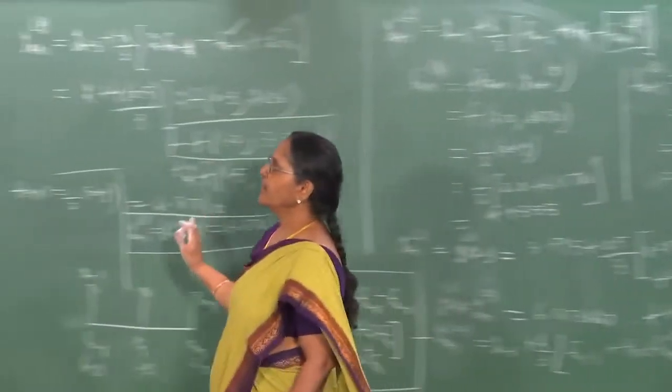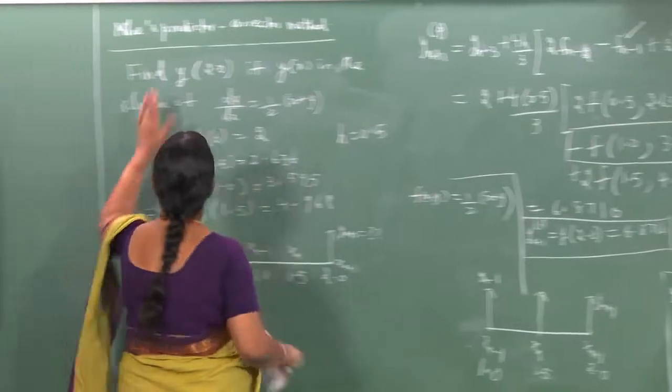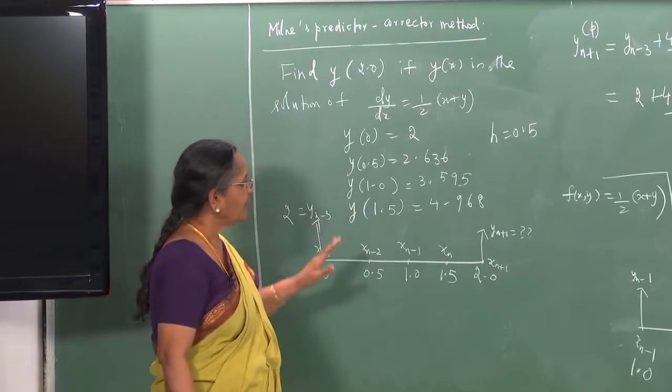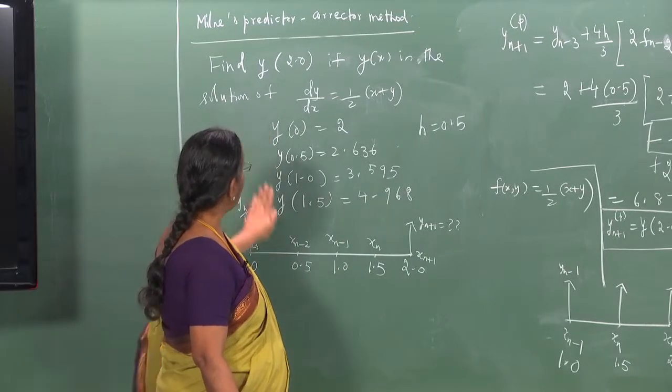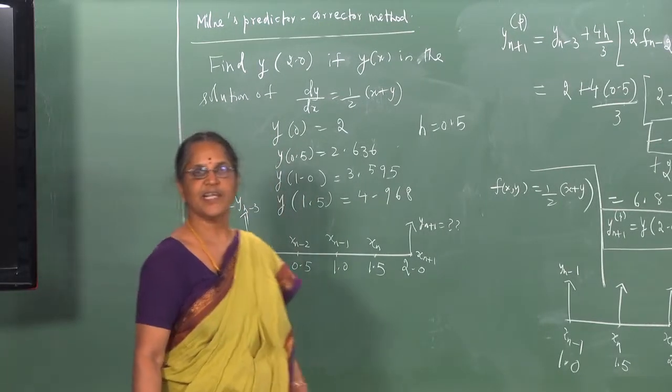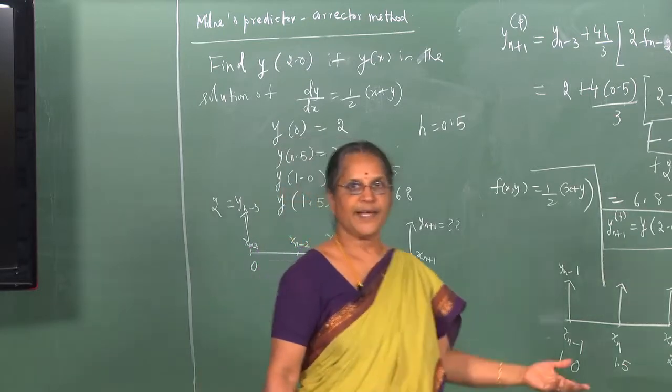So, you have used Milne's predictor-corrector method to obtain solution to this problem when you are given information at the previously equispaced points.